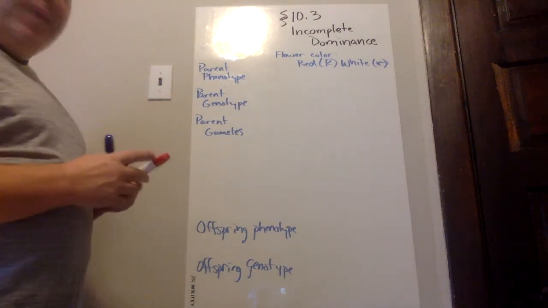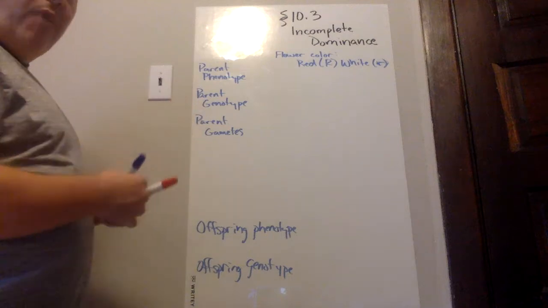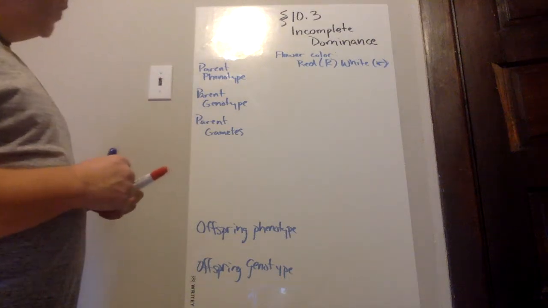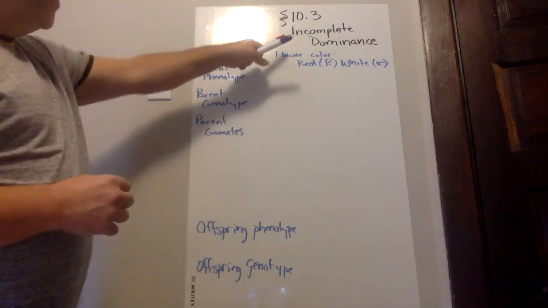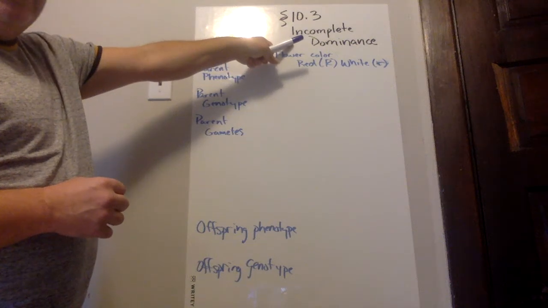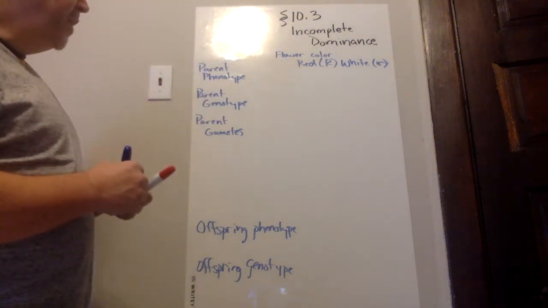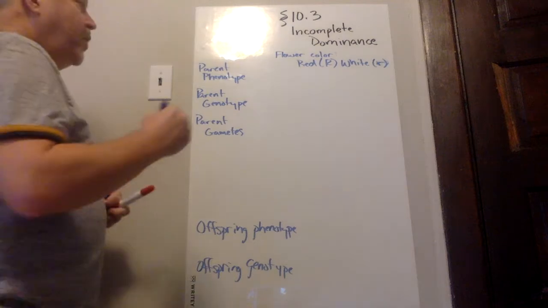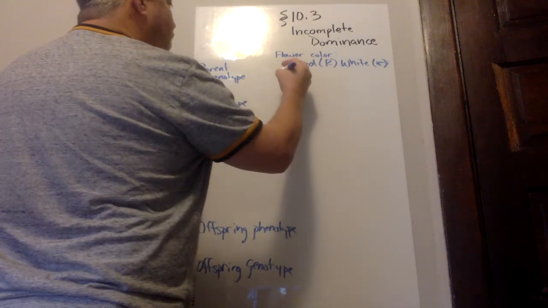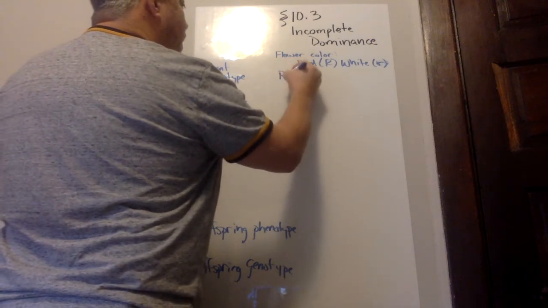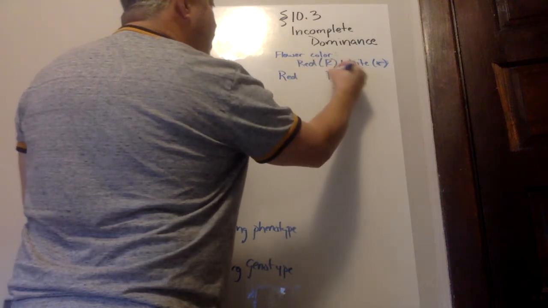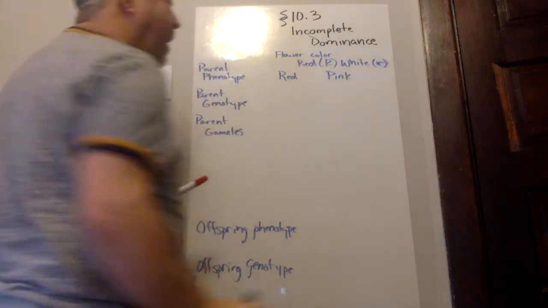So you can now fill this Punnett square in and follow this example and have it recorded in your set of worksheets. You might want to put above that one incomplete dominance so you know it's different from the previous ones.